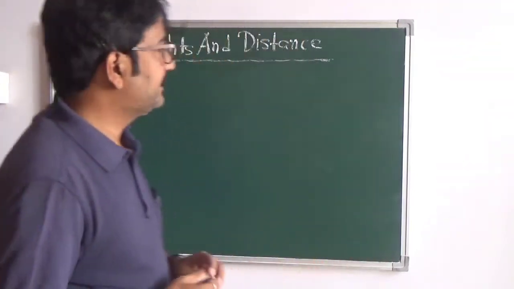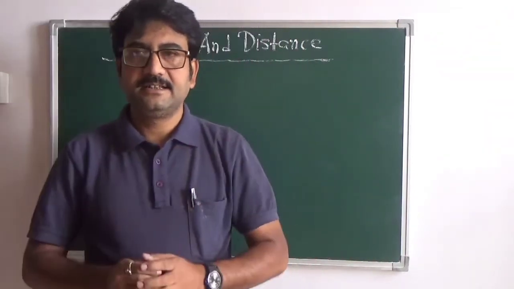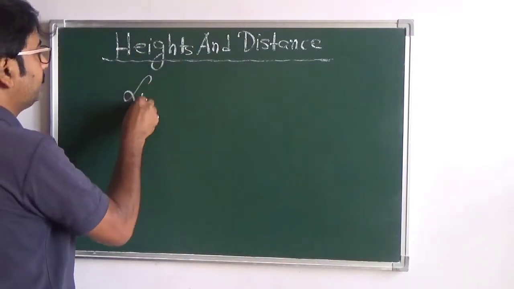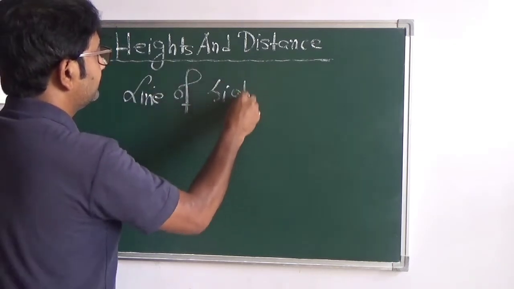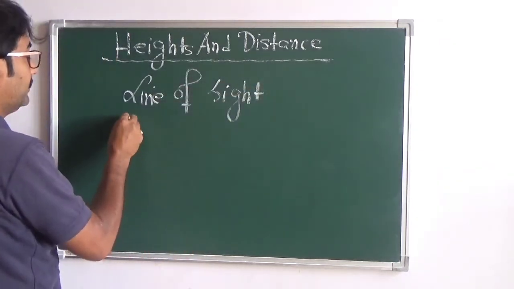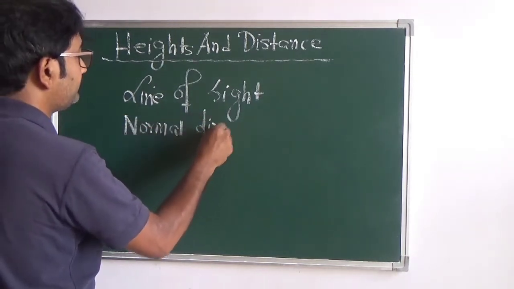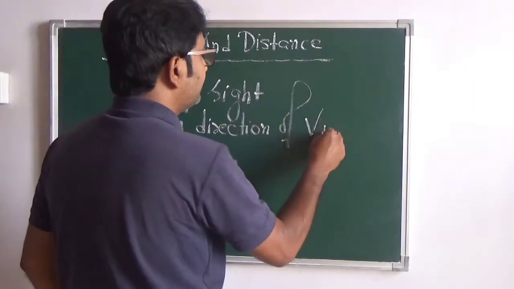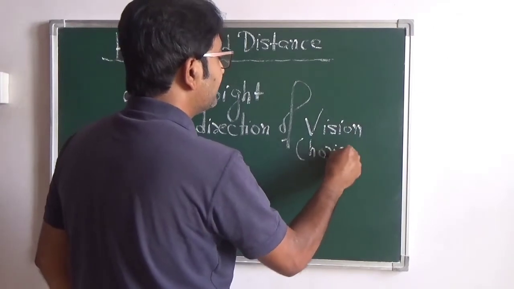To start with this, we have to understand two basic things here. First of all you need to know what is line of sight, then normal direction of vision, which we refer to also as horizontal.